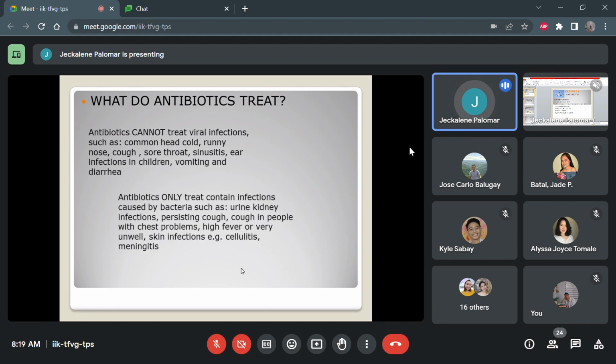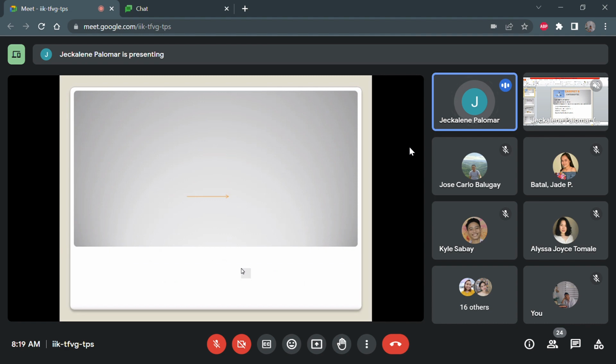Antibiotics can only treat infections caused by bacteria such as urine and kidney infections, persisting cough, cough in people with chest problems, high fever or very unwell, skin infection, for example cellulitis or meningitis. Antibiotics are also needed to treat life-threatening conditions caused by bacteria such as sepsis.